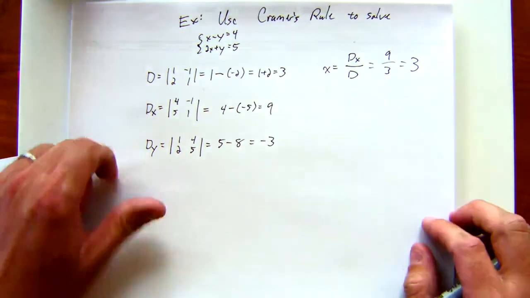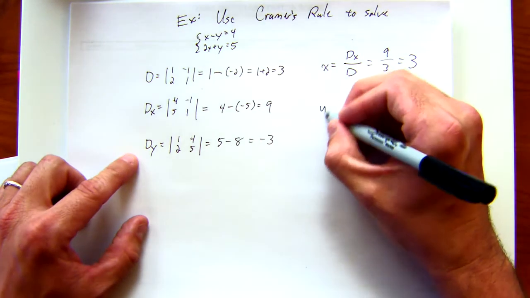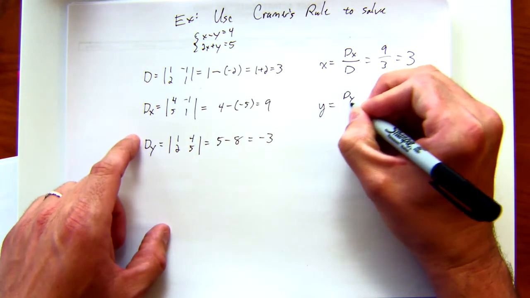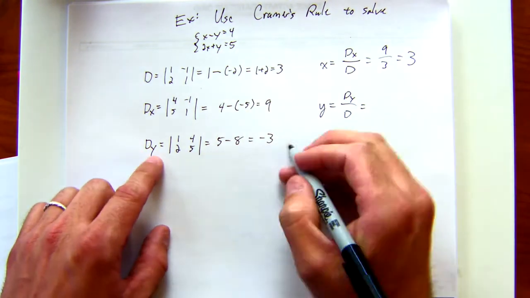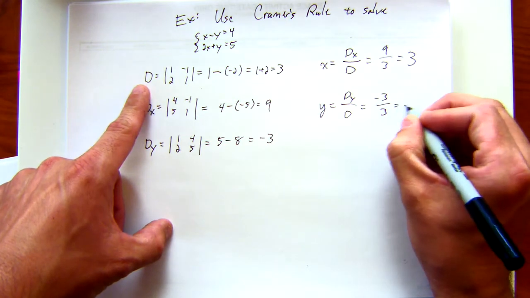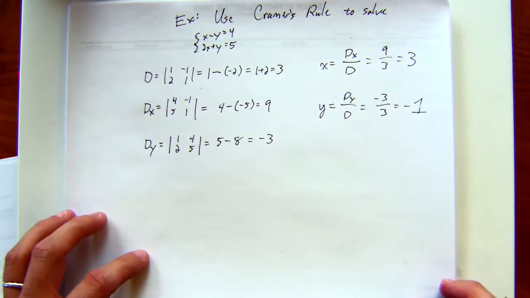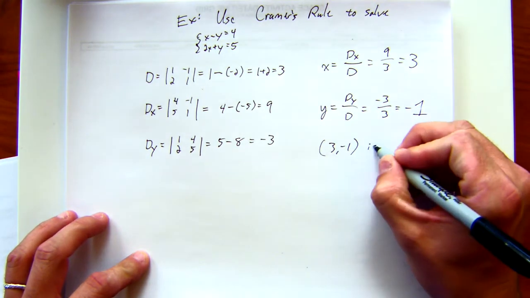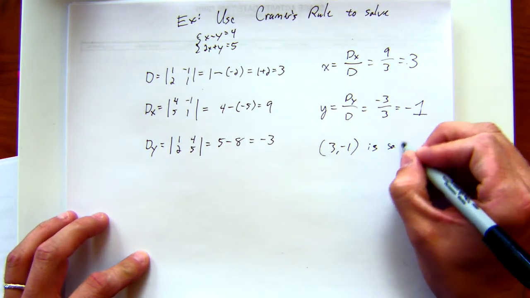So x is 3. Now my y is Dy over D. Dy is a -3. My D again is 3. So it is a -1. And what is the point? 3, -1 is the solution.